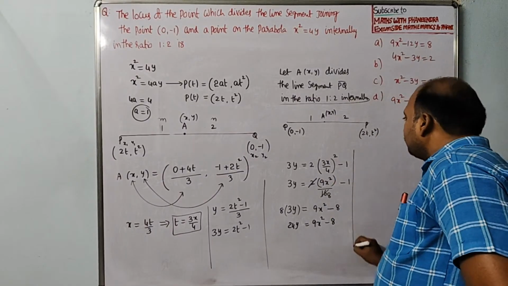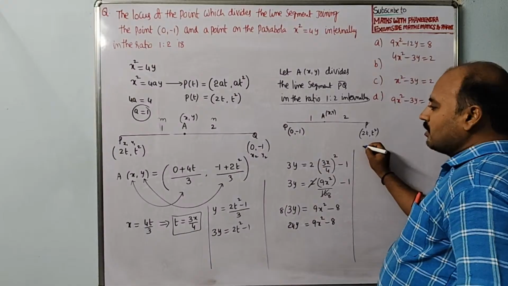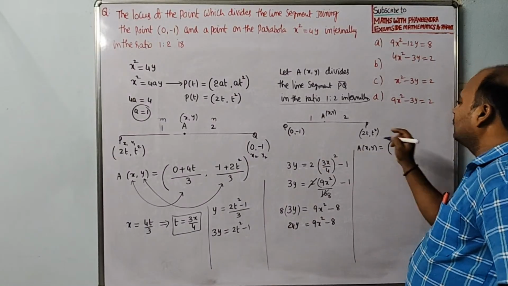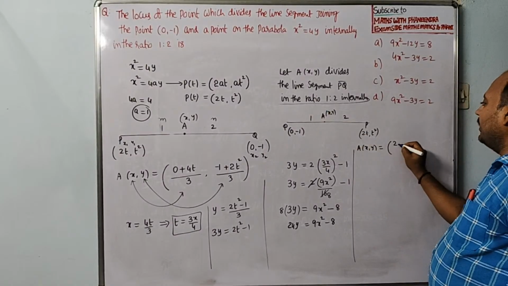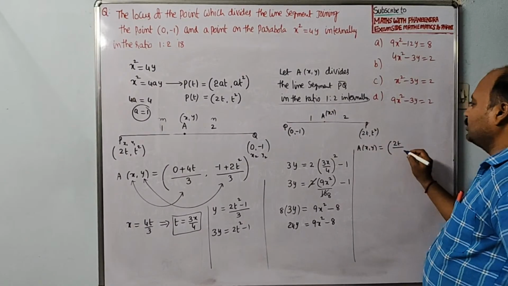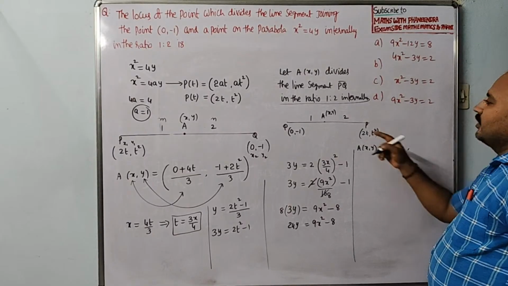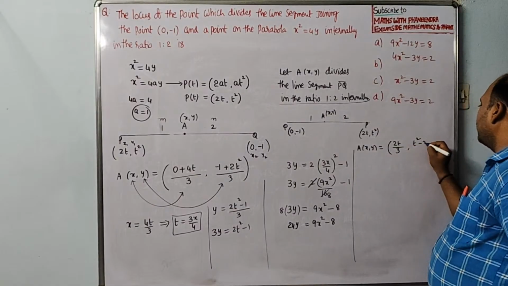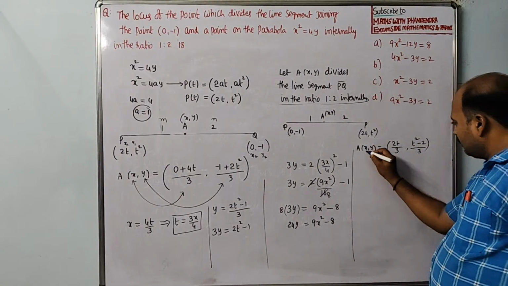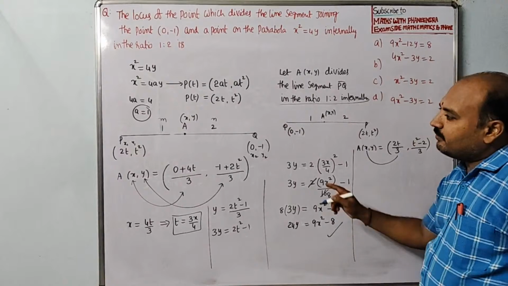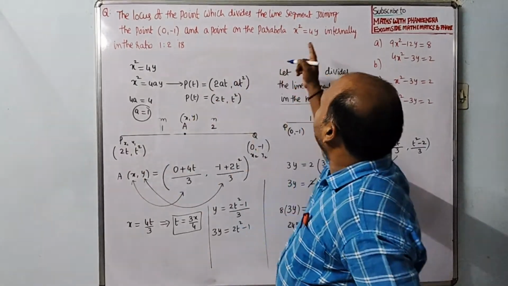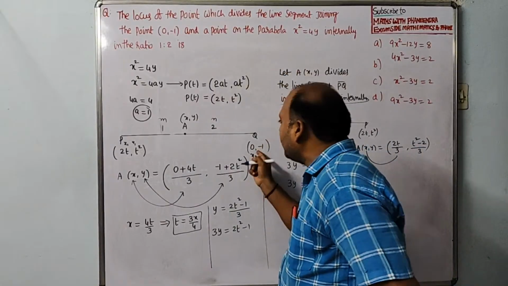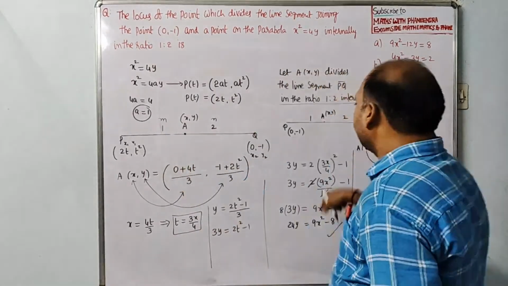So this time A of (x, y) value we got as (2t) by 1 plus 2, and for y, (t square, 2 into minus 1) that is t square minus 2 by 3. So even the earlier one is also correct, but while taking, see here, joining the point (0, -1) and this point, so first we have to take this point. This is the right way.